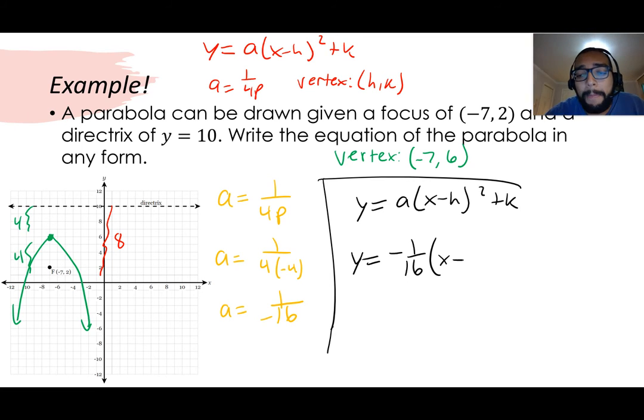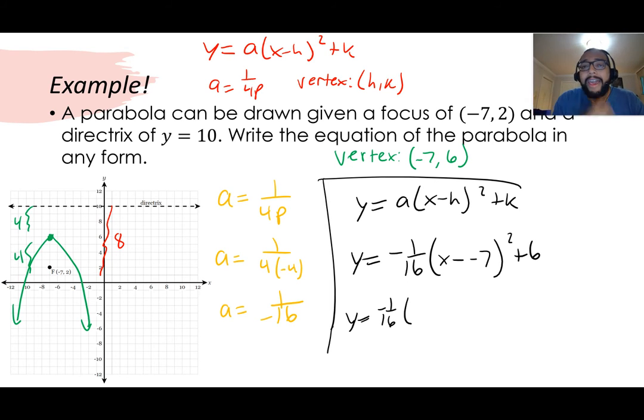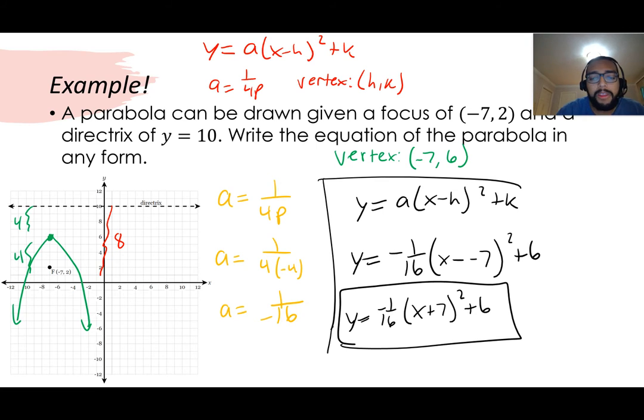So it's going to be x minus my h value plus my k value. Now, we like to clean things up, make sure they all look good. So x minus -7 is the same thing as x plus 7. Perfect.